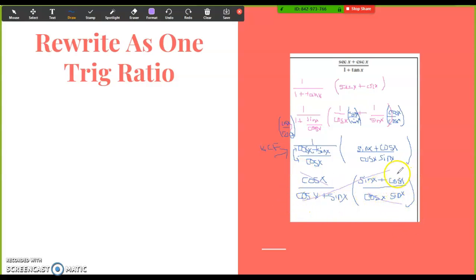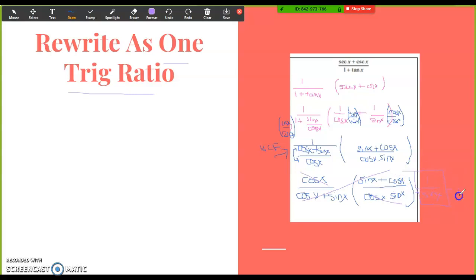So all we have, or all we end up with, is 1 over sine of x. Now, if we look at that, that is 1 trig ratio. We have simplified all of this down to 1 trig ratio, 1 over sine of x.